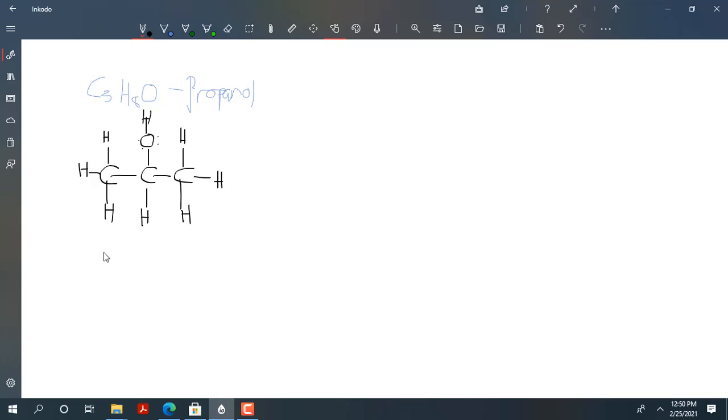So this is what we call the Lewis structure for propanol.